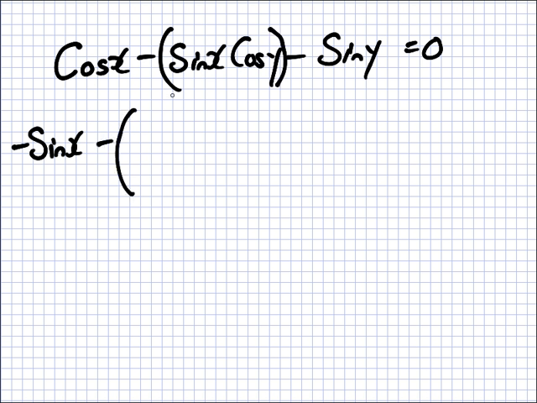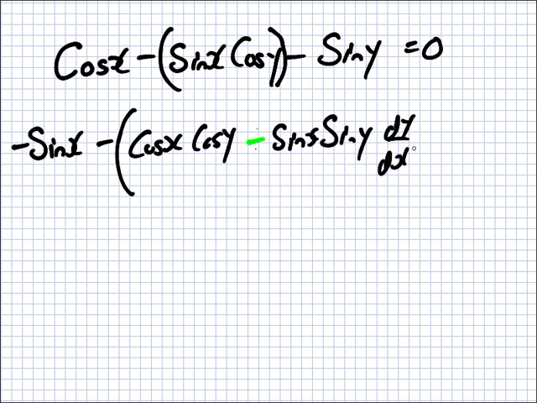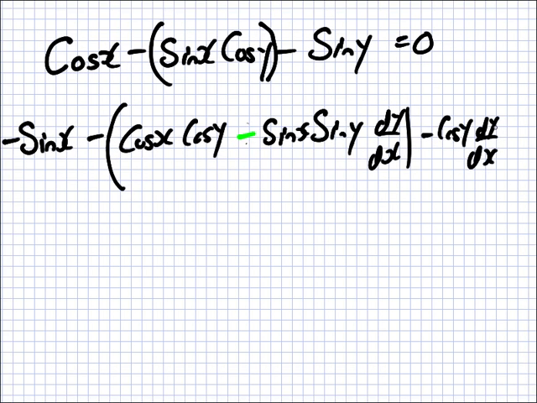So derivative of sin x is cos x, cos y, plus sin x, and derivative of cos y is minus sin y dy/dx, minus cos y dy/dx. That's equal to 0.